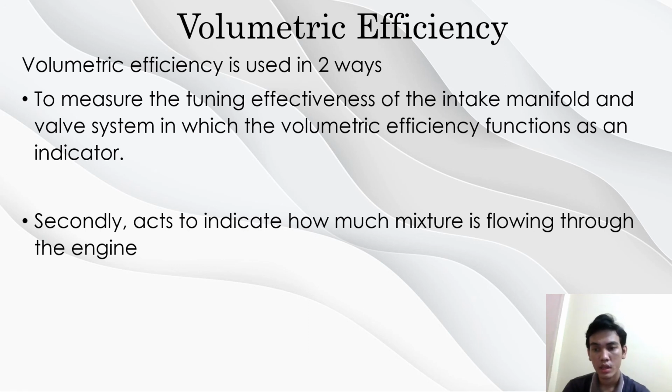The ideal volumetric efficiency would be around 1, and the actual volumetric efficiency would be reduced by flow losses at the valve, but it could be increased by pulsation tuning. Secondly, it acts to indicate how much mixture is flowing through the engine. The calculation is usually done including the fuel-air mixture, with the reference density set at ambient atmospheric conditions.